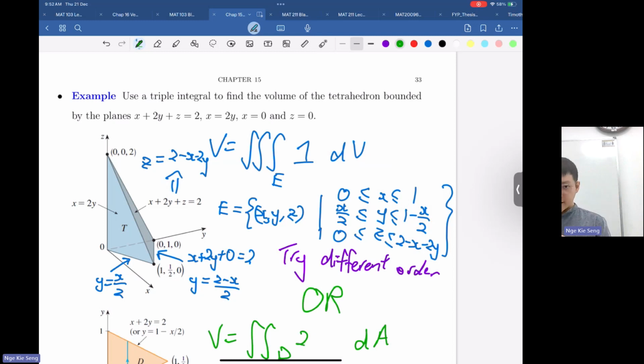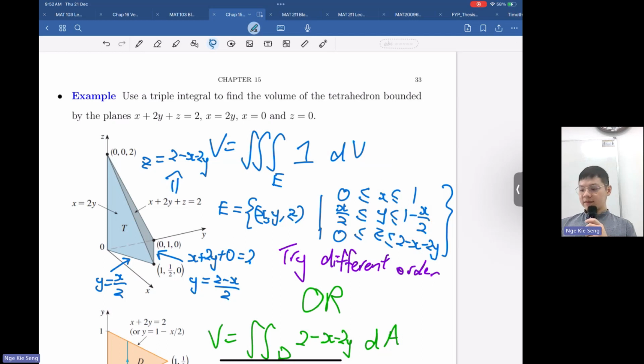So you are using the volume under the plane 2 minus x minus 2y, and then you integrate over the domain below. So you need to find this triangle domain here.